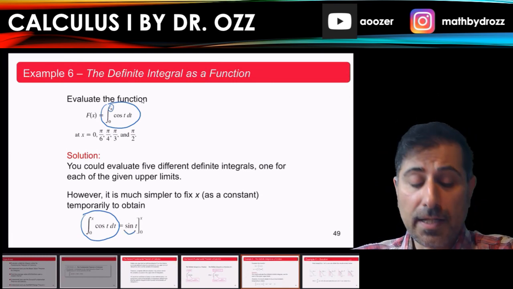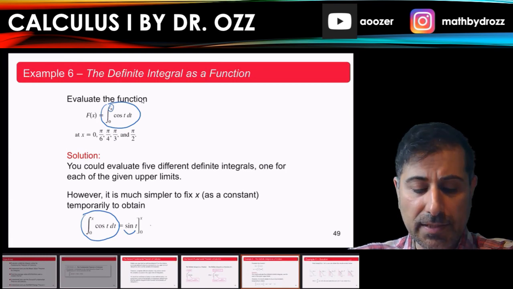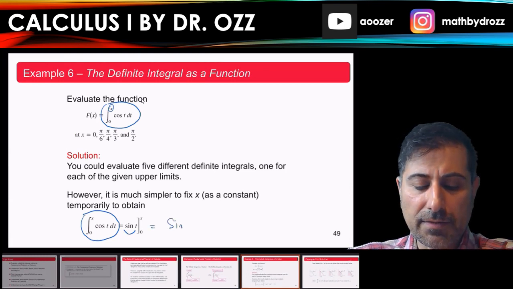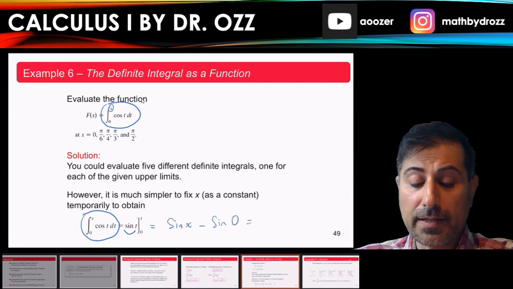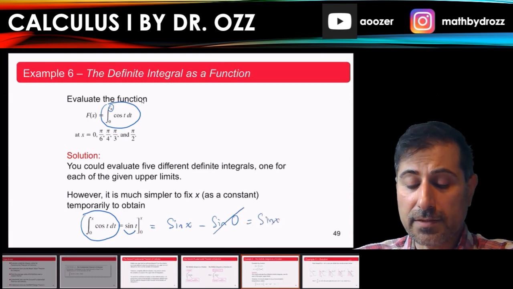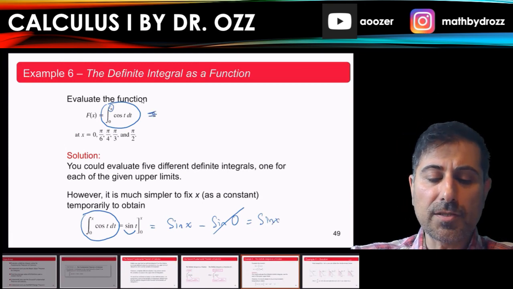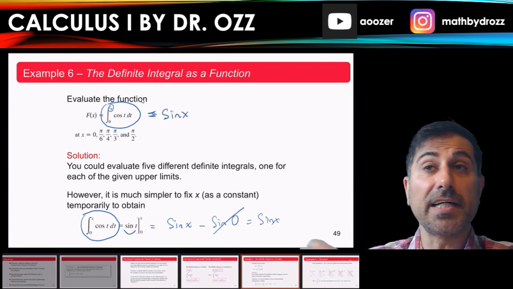We use the bracket notation, lower limit 0 and upper limit x, and this is equal to sine evaluated at x minus sine evaluated at 0. Since sine 0 is equal to 0, that's equal to sine x. So once you do this definite integration, this capital F is no different from sine x.